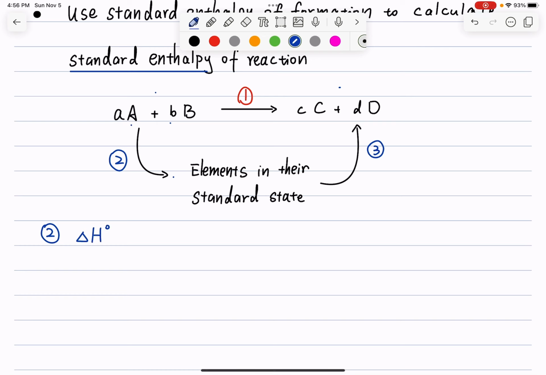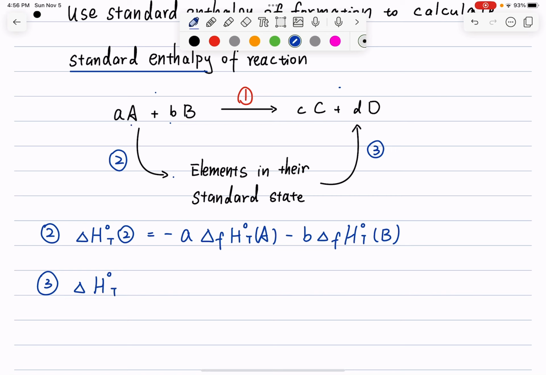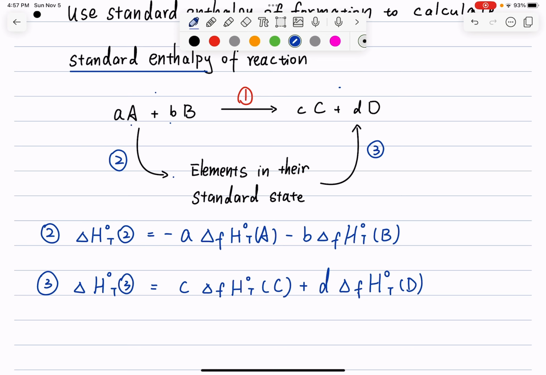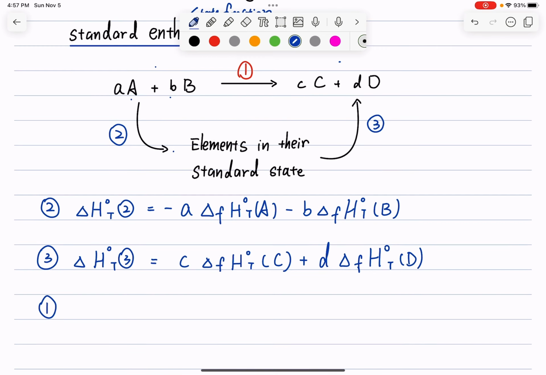So we have delta H naught T for this reaction 2 equal to negative a times the standard enthalpy of formation of substance A, minus b times the standard enthalpy of formation of substance B. Reaction 3 then becomes the heat of formation of the products, which equals c times the enthalpy of formation of substance C, plus coefficient d times the enthalpy of formation of D. And at the end, we have our final reaction, what we want, which is process 1.